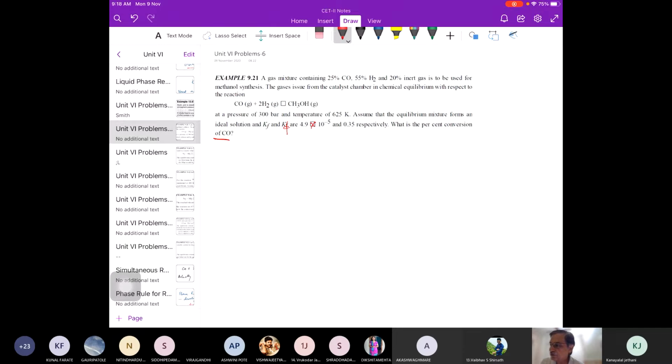Last time we did the nitrogen question, and there we had given different moles. Okay, let's see. So assume basis 10 moles of feed. That means how much will be CO? 2.5. Hydrogen? 5.5.